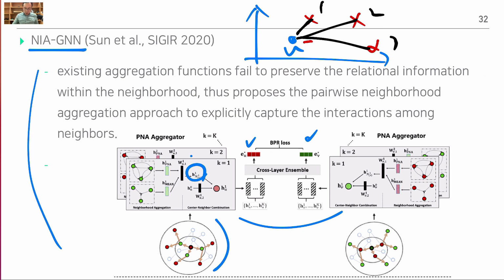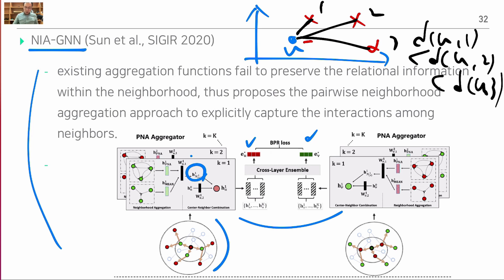The distance between the user and 1 is shorter than the distance between the user and 2, the user and 3, right? So we think item 1 is the best item to recommend.